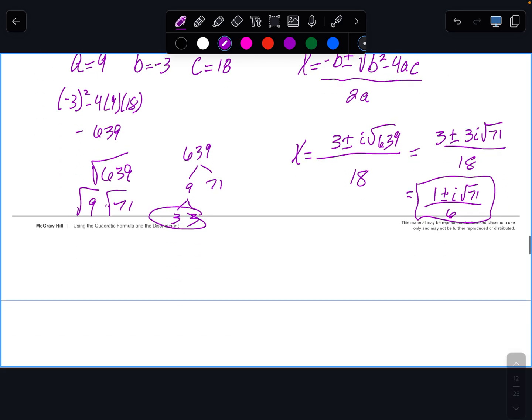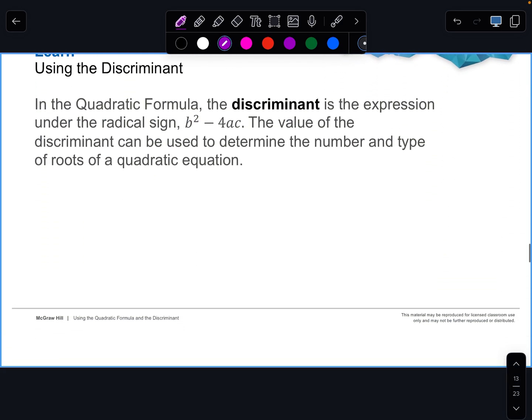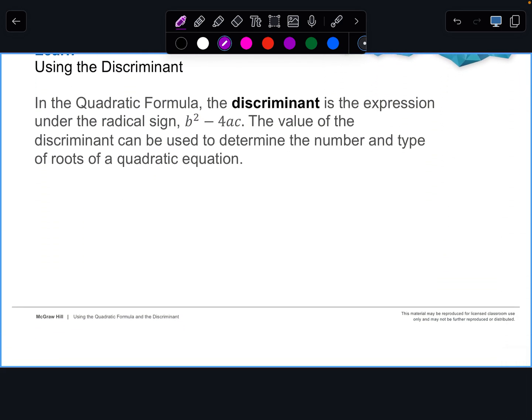Okay. So like I said, the discriminant is b squared minus 4ac. The value of the discriminant can be used to determine the number and type of roots for the quadratic equation.